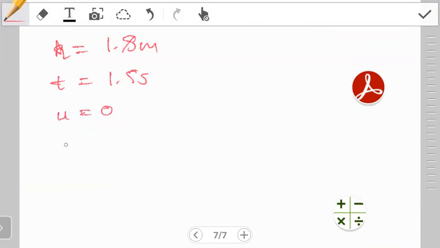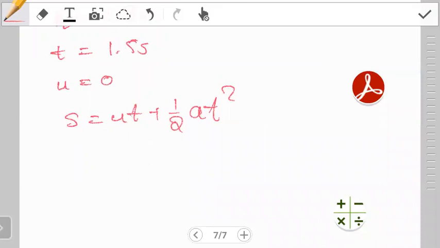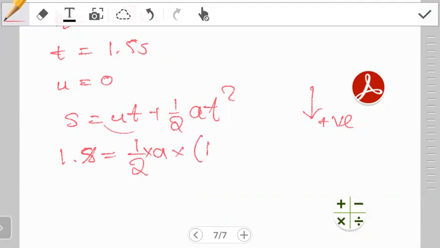To work it out, we're going to use s equals ut plus half at squared. Remember I took down to be positive, so since our s is a downward displacement, it's going to be positive as well. So 1.8 is equal to our initial velocity, which is 0, so this term becomes 0. Then this is half our acceleration, that's what we want to find, times t, given to us as 1.5, squared.